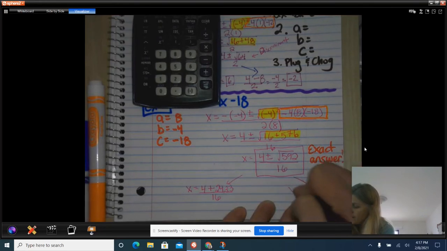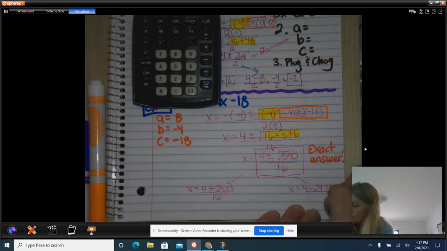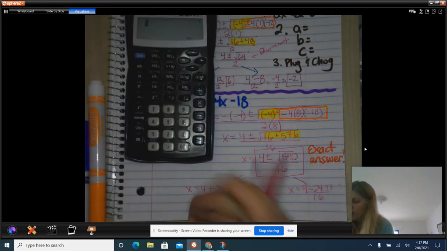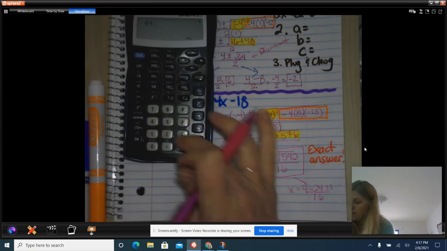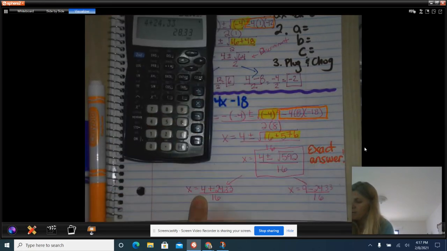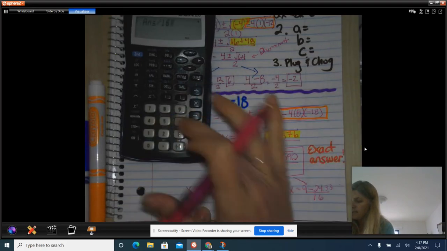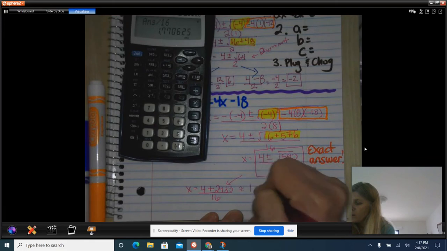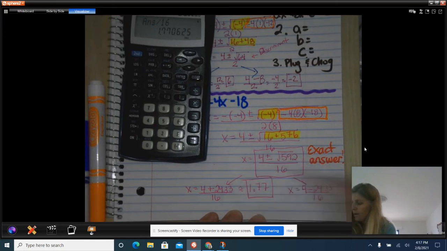And then our second one is x equals 4 minus 24.33, all divided by 16. So we're going to do those in our calculator. We have 4 plus 24.33 equals, divided by 16. And we get an answer of approximately 1.77. And that's one of our roots.